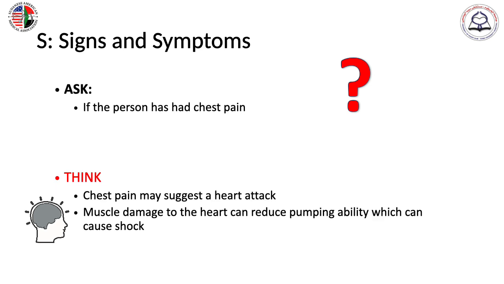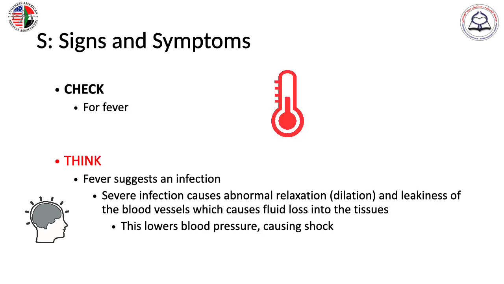So always in ladies of childbearing age consider pregnancy. A patient with shock who has a history of chest pain, this could be an MI, myocardial infarction, and cardiogenic shock due to damage of cardiac muscle. When there is fever or any feature of infection, this could be sepsis and septic shock, which is distributive shock.